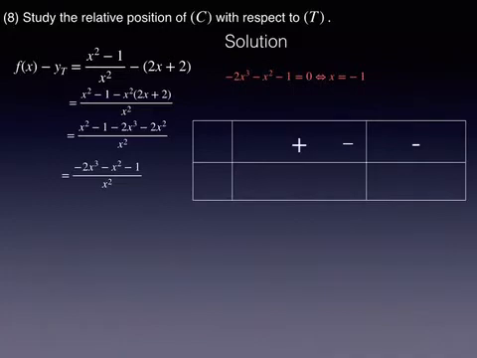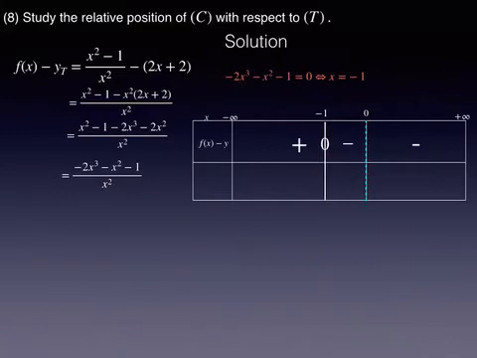Then drawing the sign table of f of x minus yt, first you should plug the domain of definition, and then you should plug the value of x where f of x minus yt is equal to 0, which is minus 1. And here between minus infinity and minus 1, the sign of f of x minus yt is positive.